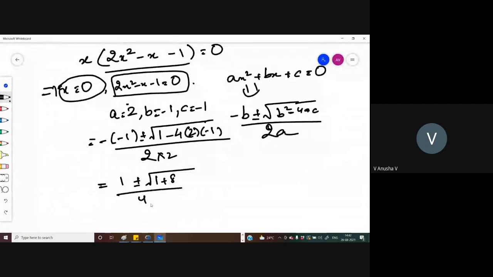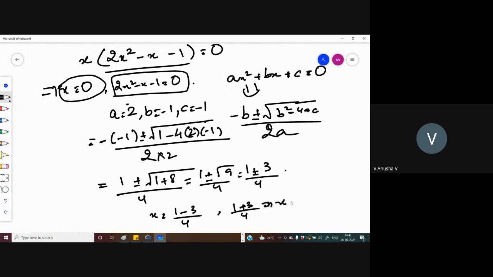So this will be equals to 1 plus or minus square root of 9 by 4, which is 1 plus or minus 3 by 4. From this, I'll be getting x equals to 1 minus 3 by 4 and 1 plus 3 by 4. So this will imply that x equals to minus 1 by 2, comma 1. So x equals to 0, minus 1 by 2, comma 1. These are nothing but the stationary points.